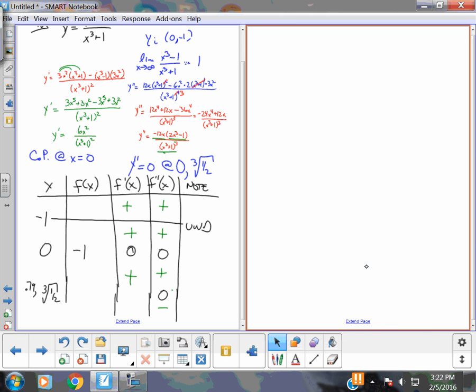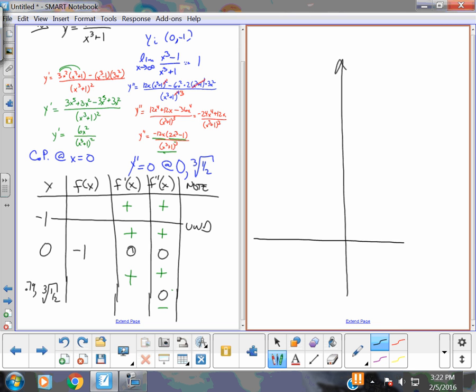All right, so I'm going to graph this function then, make a big old x, y, a vertical asymptote at -1, a horizontal asymptote at +1. I know it goes through the point (0, -1).